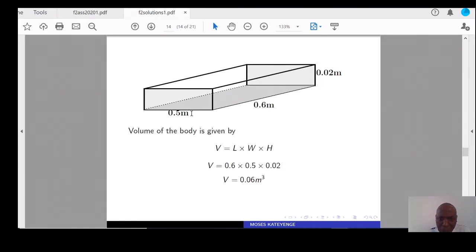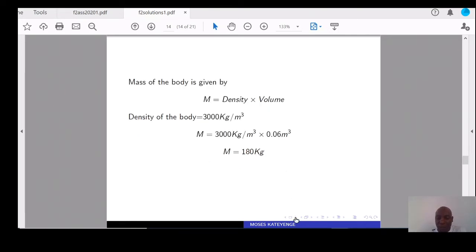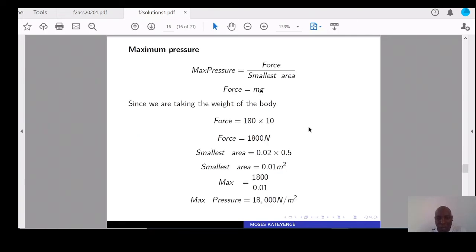But if I use the dimensions of 0.5 and 0.6, that is going to give me the biggest area, and right now what I'm looking for is the smallest area. So smallest area is given by 0.02 times 0.5, which gives 0.01 meters squared.